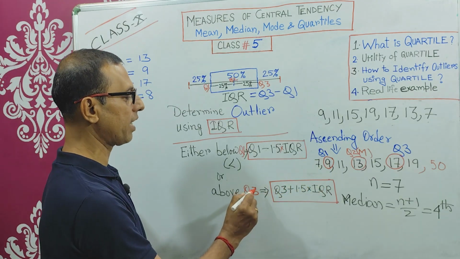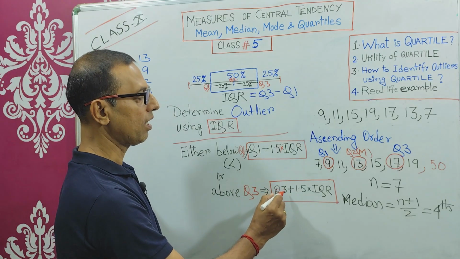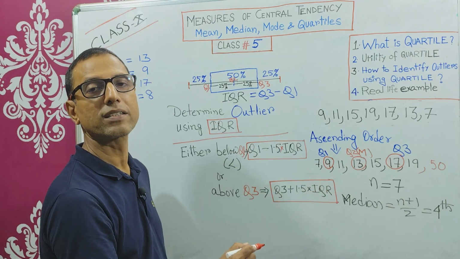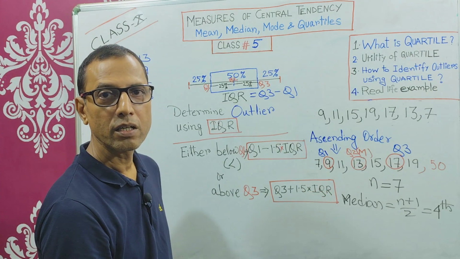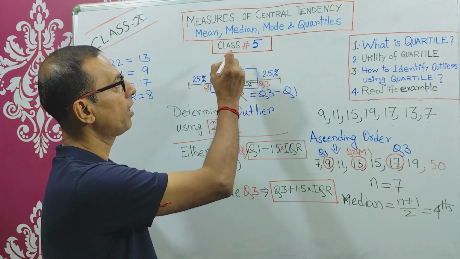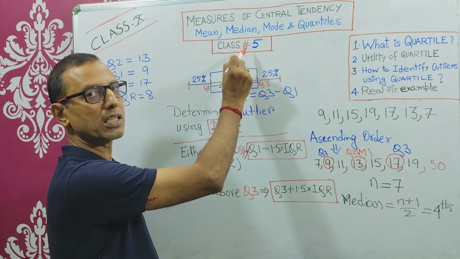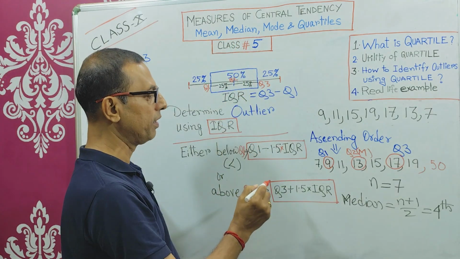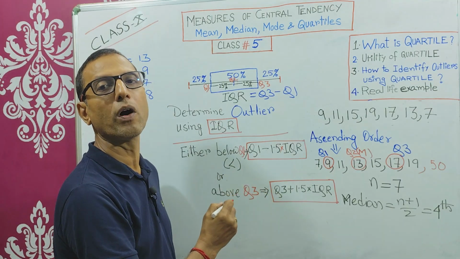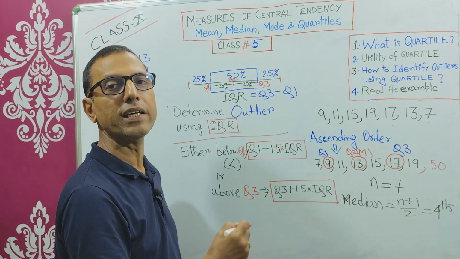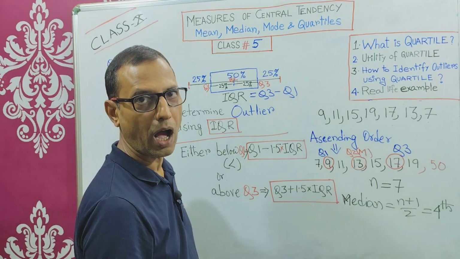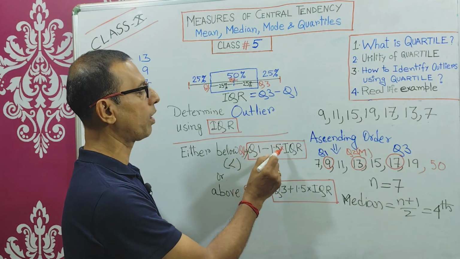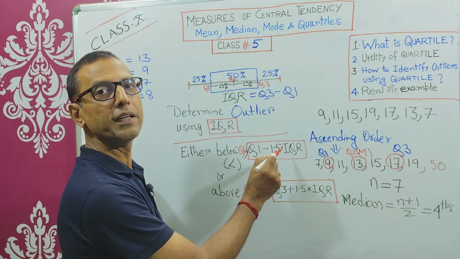If the value is more than Q3 plus 1.5 IQR, it is extremely high. If you look at the previous video, class number 4, if the outlier is in the positive direction, extremely high, then it will be positively skewed data. And if it is much below Q1 minus 1.5 IQR, then it will be negatively skewed data.